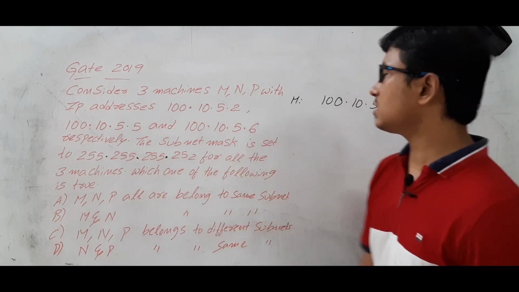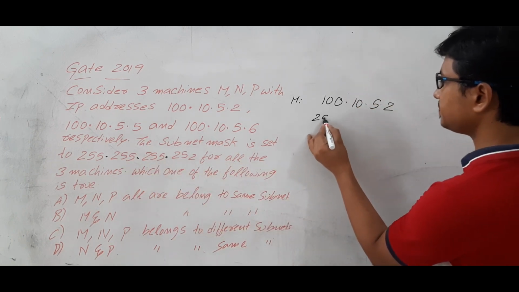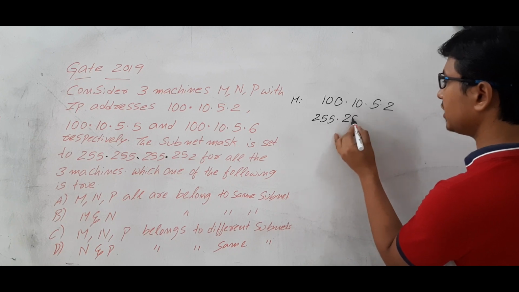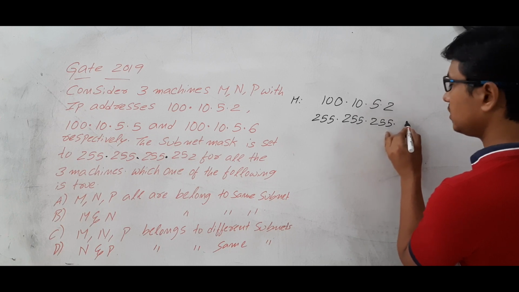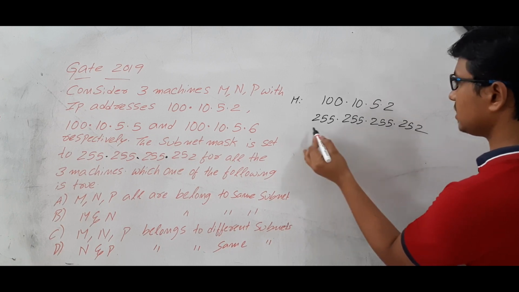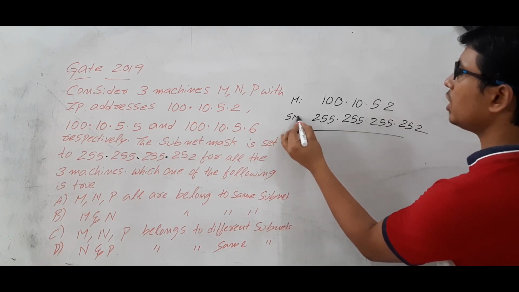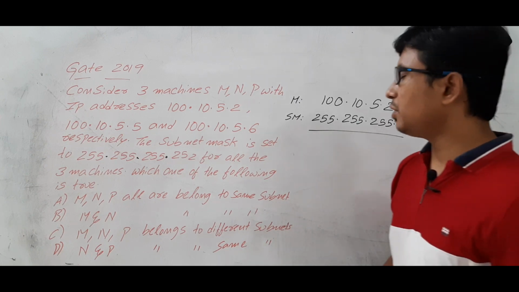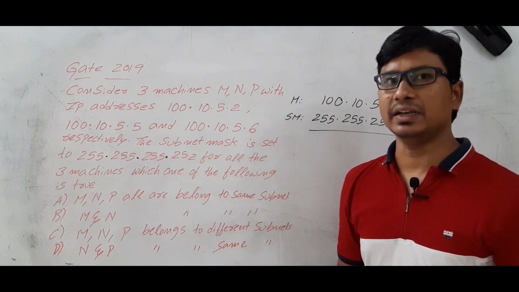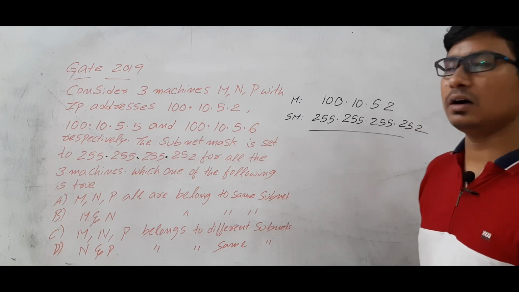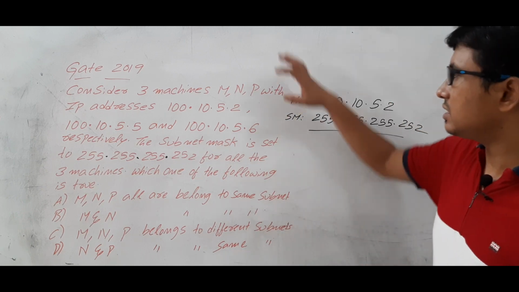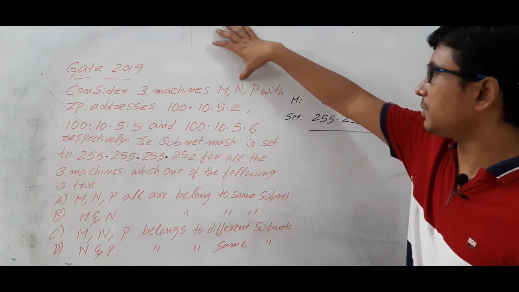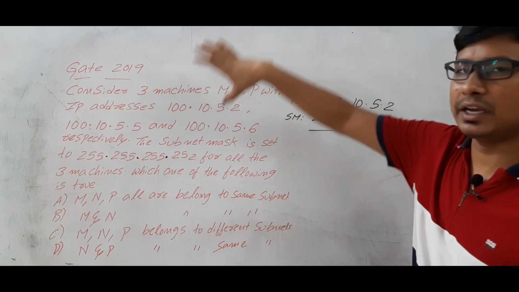The subnet mask is 255.255.255.252. You have to perform the bitwise AND and you will get the subnet ID. So you will find the subnet ID of M, of N, and of P.